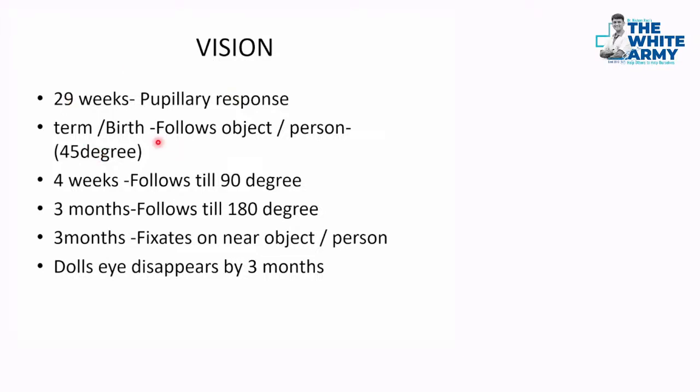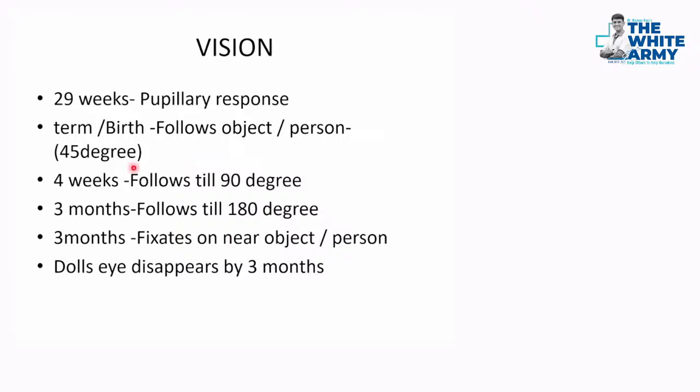By term or at a normal birth, the child tries to follow the object or the person. But this following of the object is not more than 45 degrees. At 4 weeks, that is at 1 month of age, the child tries to follow around 90 degrees. Why these degrees are important is because in the next class, when we learn about developmental assessment, this will come into importance.